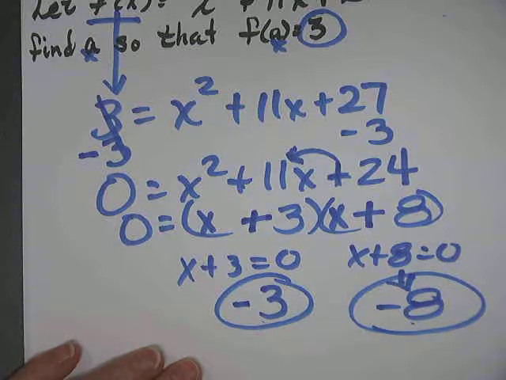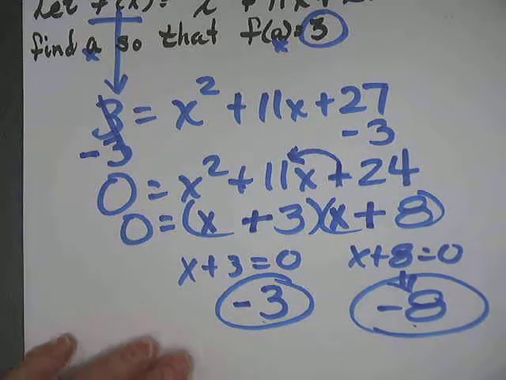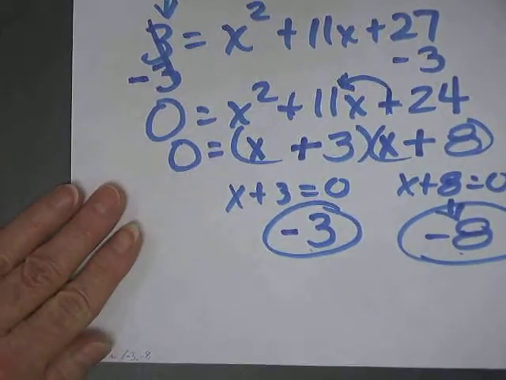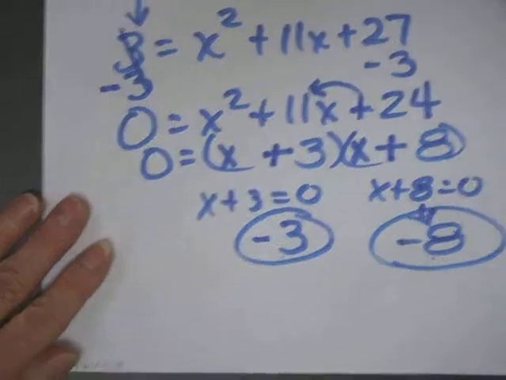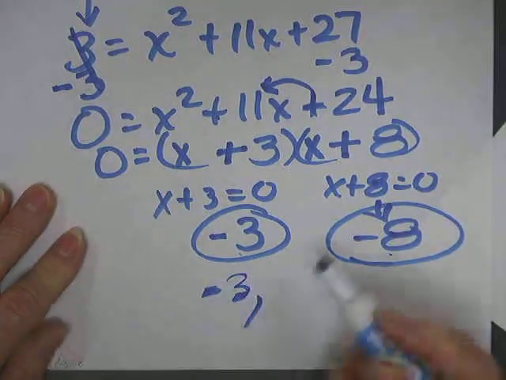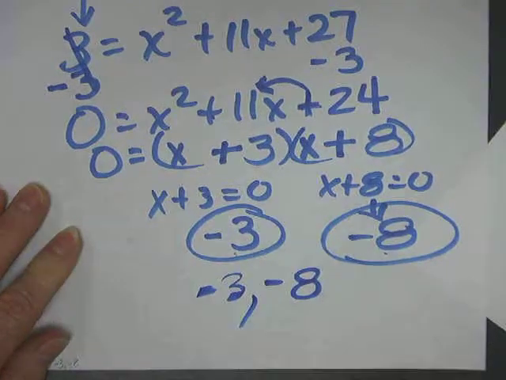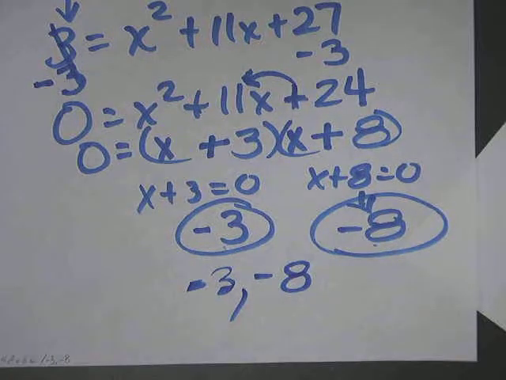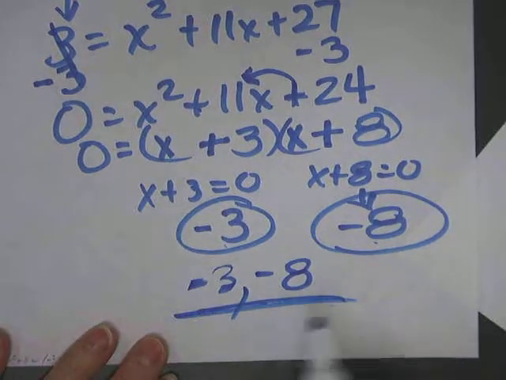Okay. This one gives us the answer of what? Negative 3. This one gives us the answer of what? Negative 8. There's no denominators to have to make sure that it's okay. These are okay to put in here. There's no problem there. You got two answers.